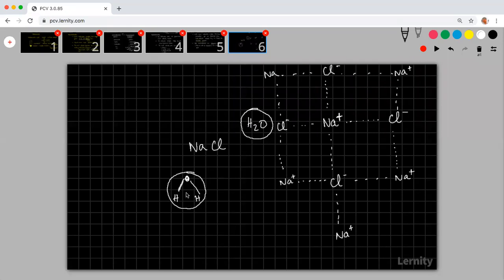Looking at the electronegativity, the oxygen side has a slightly more negative charge. Though it is a covalent compound, oxygen is relatively more negative than hydrogen, so the hydrogen side will have a positive charge.